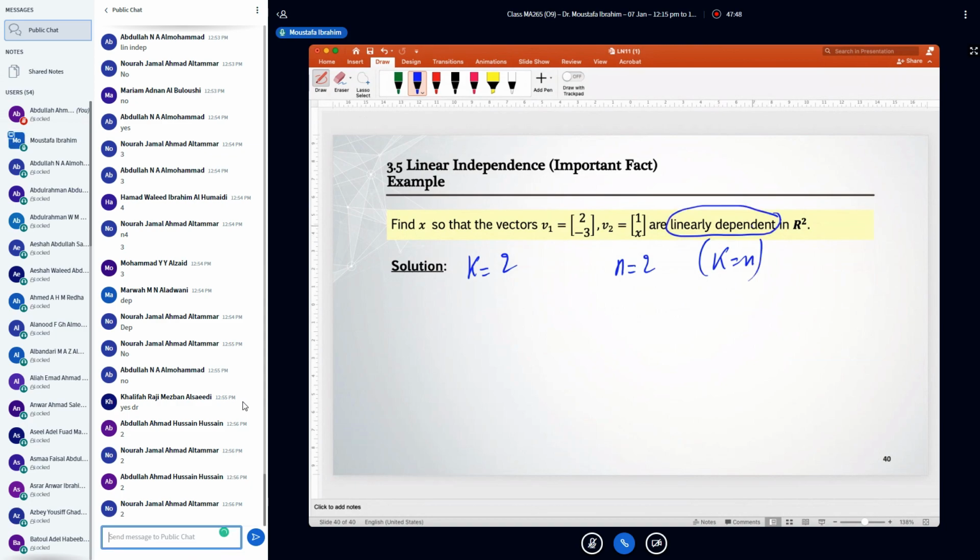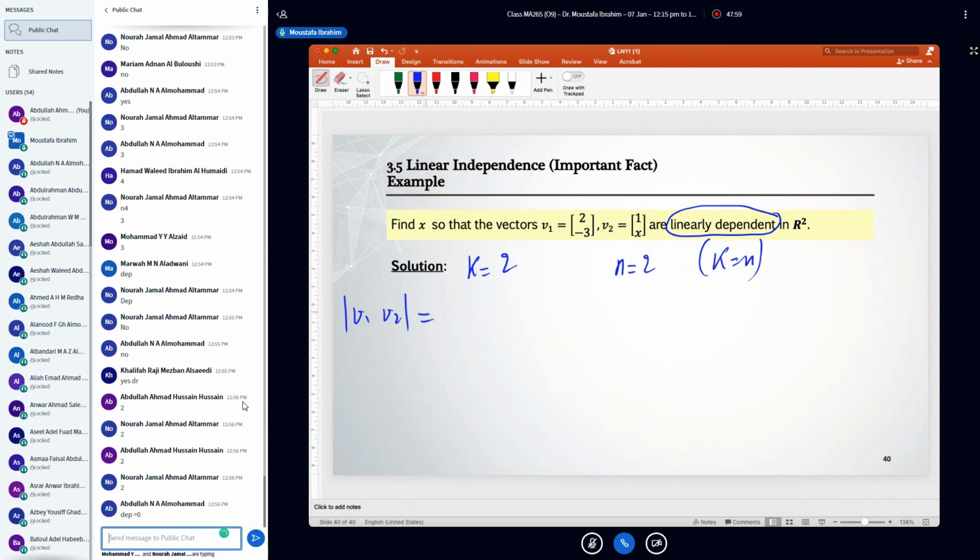Determinant equal to 0 or different than 0? Equal to 0, because v1 and v2 are linearly dependent.